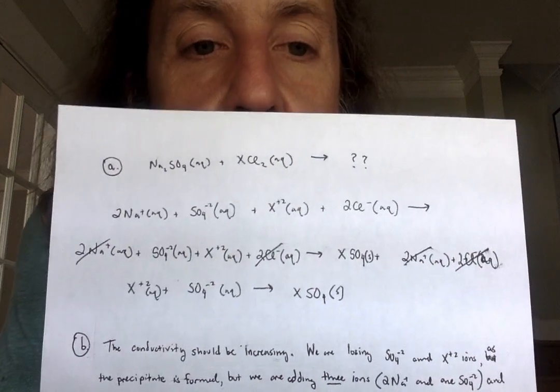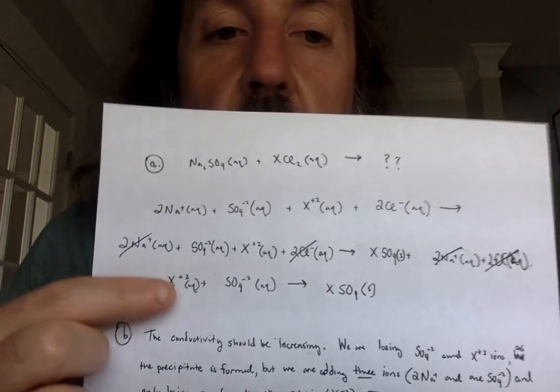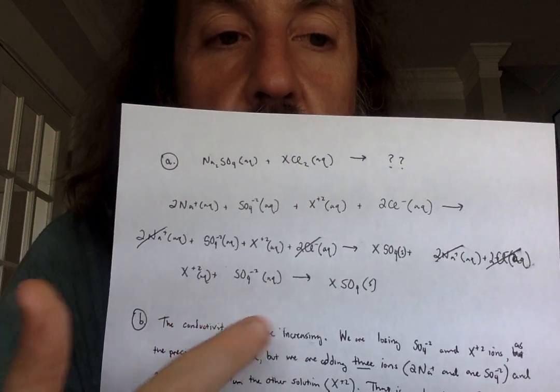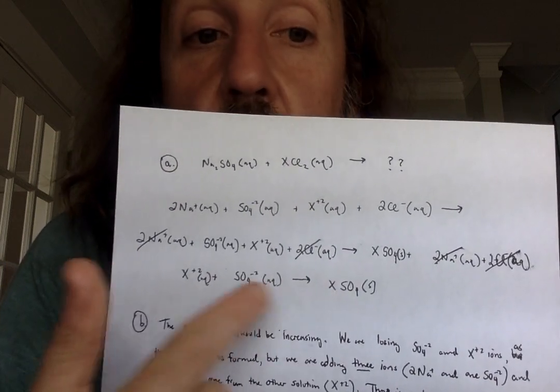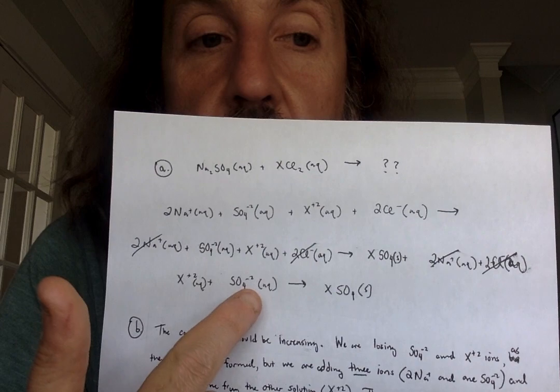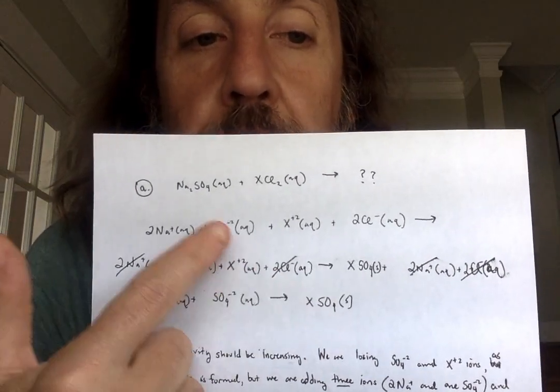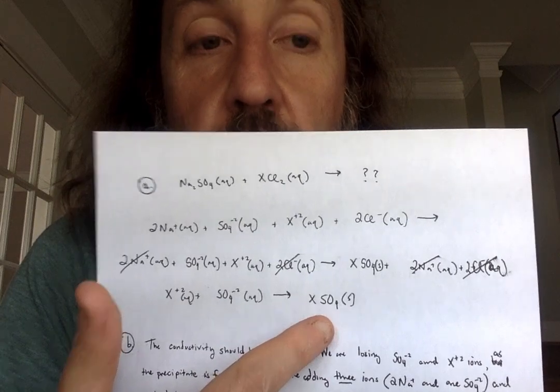What's left is the alkaline earth metal ion and the sulfate, and that's a +2, that sulfate's a -2. It's just XSO4. Since sulfate is a polyatomic ion, you kind of just have to know it, but it's pretty common. You'll know that by the time you need to.